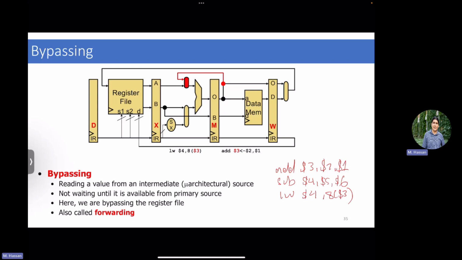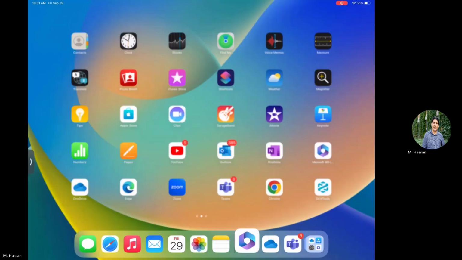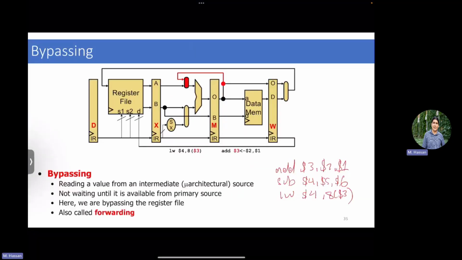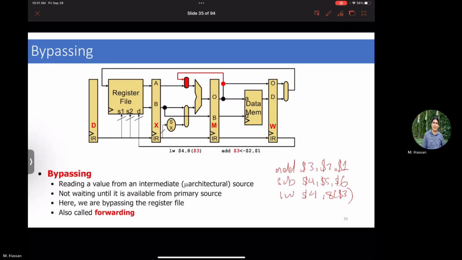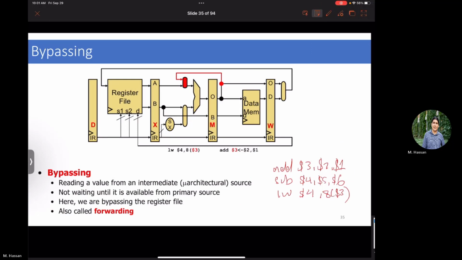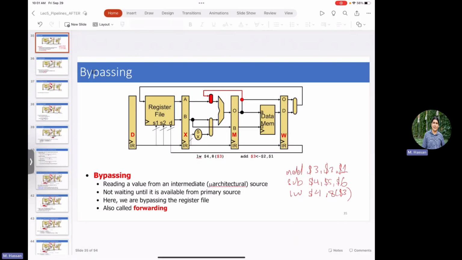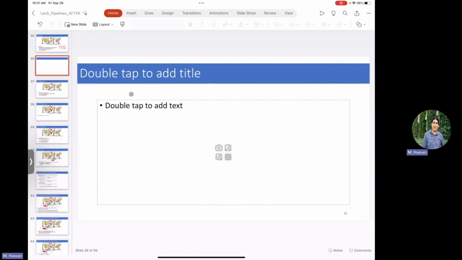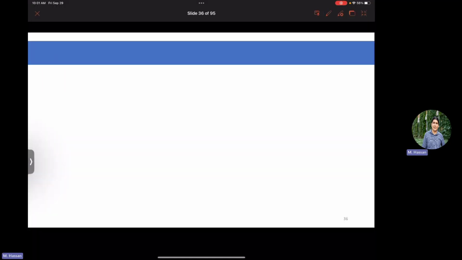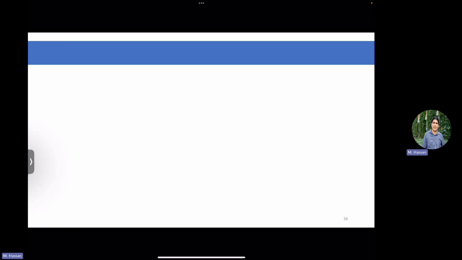Well, maybe it's better to be clean. Okay. So I have these 3 instructions. I had the add.